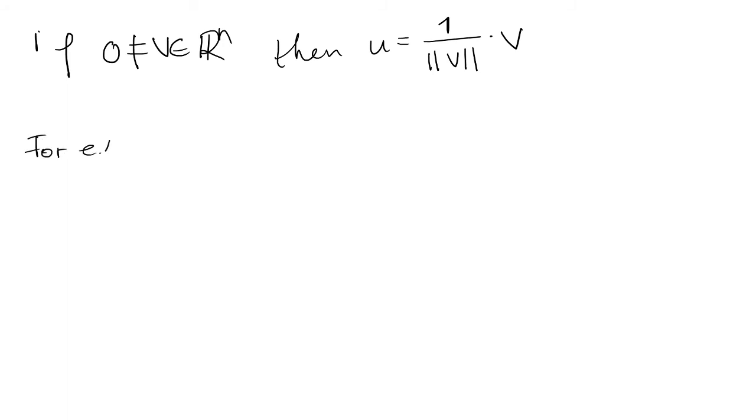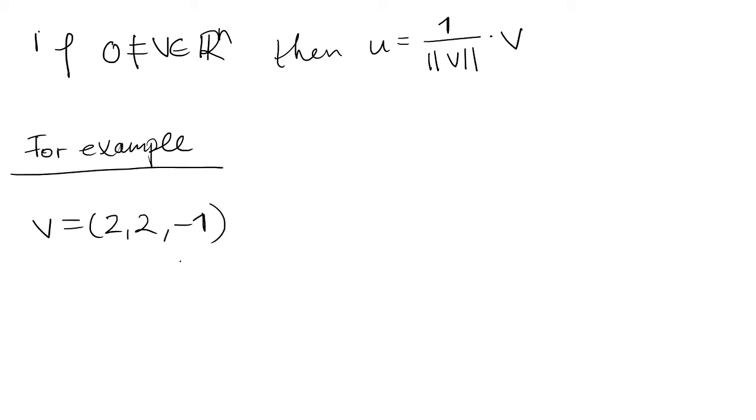Now I want to show you how you can turn a vector into a unit vector. Suppose we have the vector v equal to 2, 2, minus 1. So we have a vector v with 3 coordinates, and we want to figure out how we can turn this vector into a unit vector.